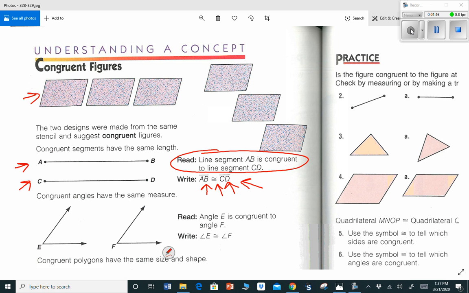So you need to make sure that you use two capital letters to name the line segments, and you put that little line segment thing over top of it. And this right here, the equal sign with the little squiggly over it, says is congruent to. That's going to keep coming up every year in math class, so you need to start getting used to that.